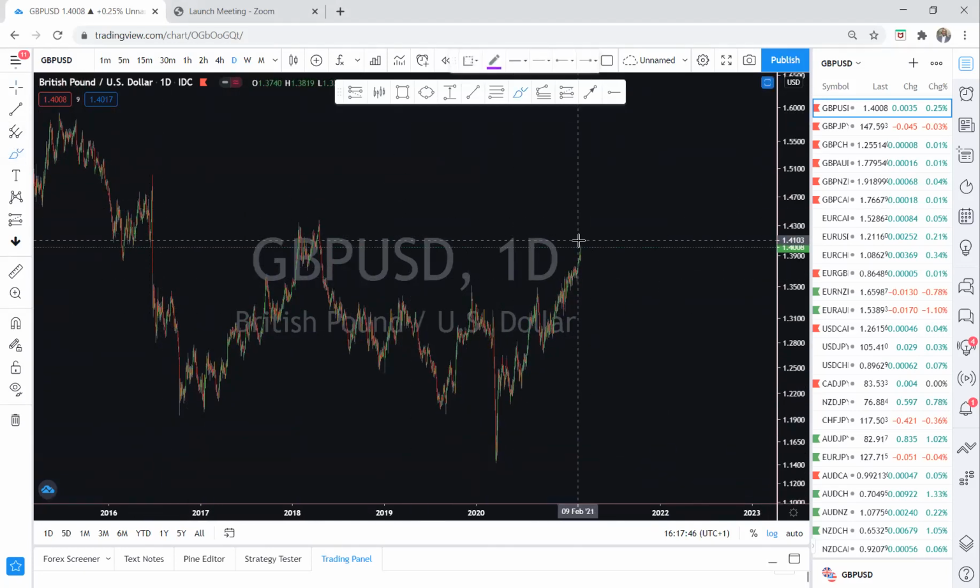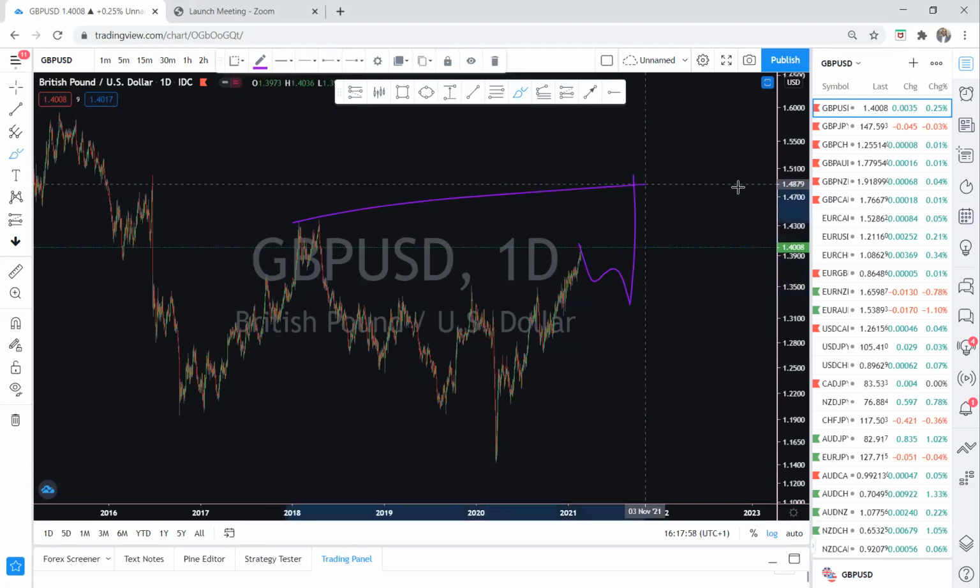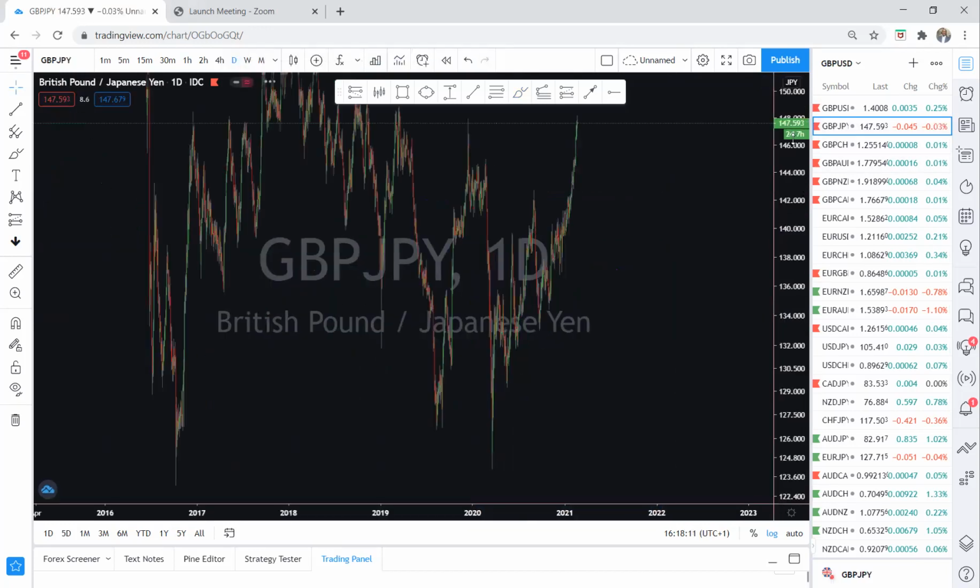If you can see a decent pullback to the downside, then we can take one more push to the upside to break this top, and from there we look for a move to the downside. So as far as I'm concerned, at the moment there is no setup on GBP USD.